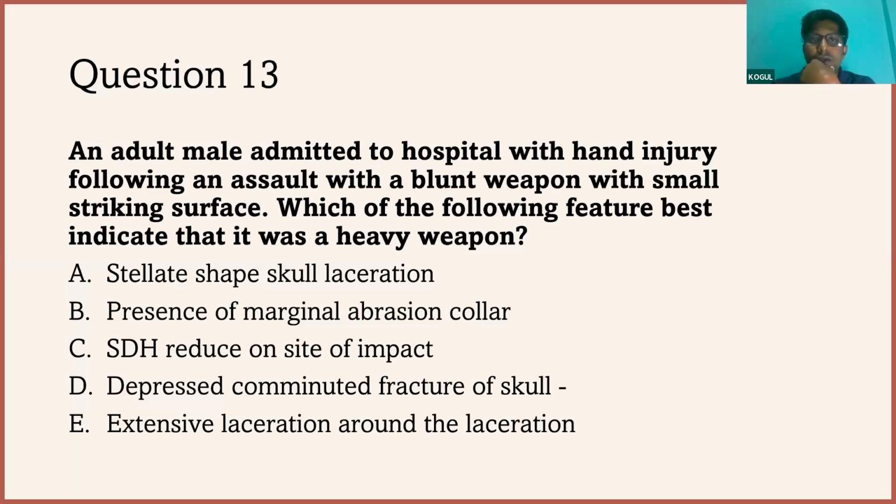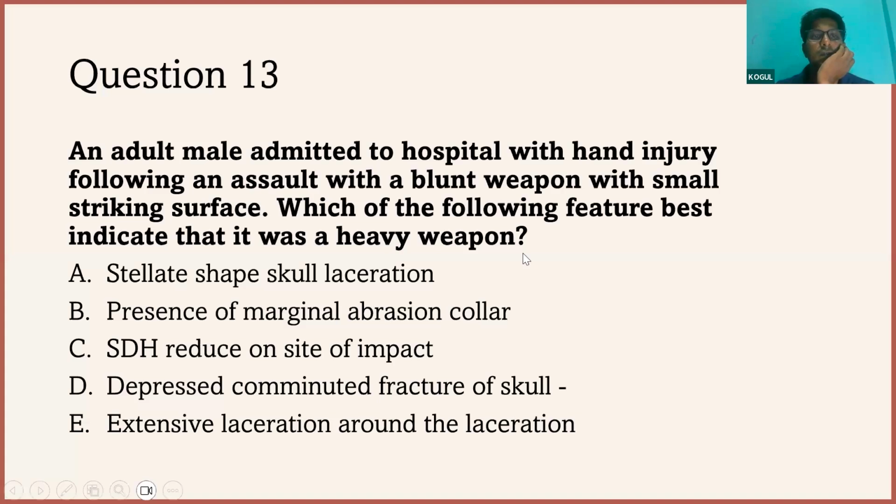So what is your answer? You should tell, when you examine, a depressed fracture is there. There is a history of assault in an adult male. They told he was assaulted with some weapon. So we have to identify whether it is heavy or non-heavy. What injury pattern gives a clue compatible with a heavy weapon?